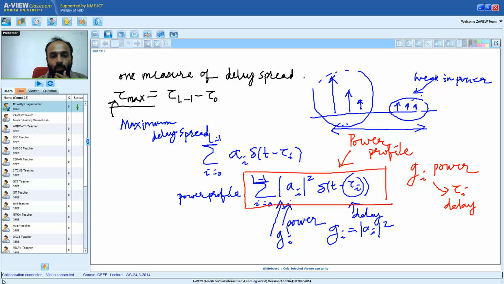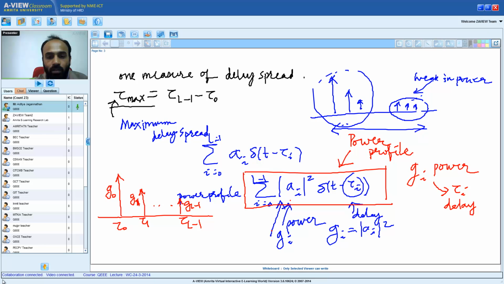So if I plot the power profile, it looks something like this. Power g naught at delay tau naught, power g1 at delay tau 1, and so on, power g L minus 1 at delay tau L minus 1. Okay.